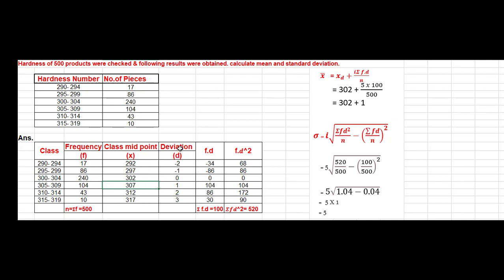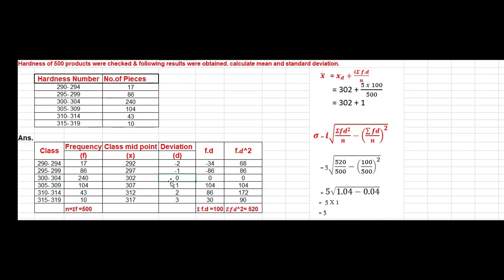In the next column we will define the deviation. Here there are 6 class values, and 6 divided by 2 is 3. So the third class midpoint is where deviation 0 is represented.